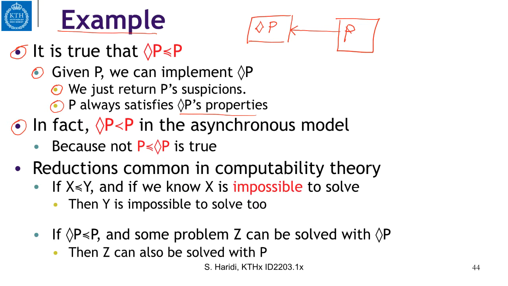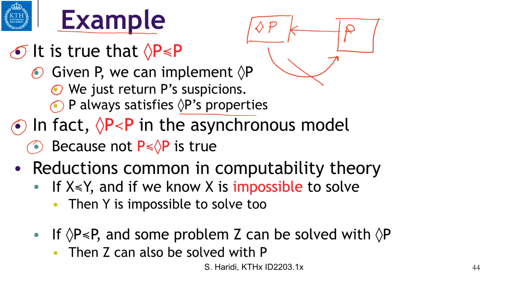In fact, diamond P is strictly weaker than P, so this relation does not hold in the asynchronous system model. So in the asynchronous system model, diamond P is strictly weaker than P.